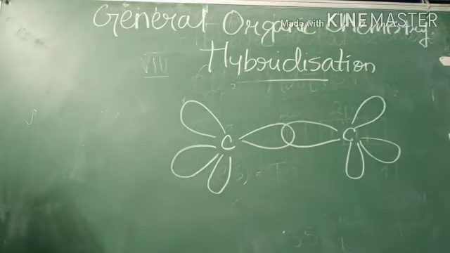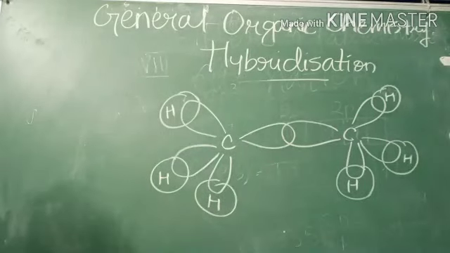In between there is a junction, which means there is an overlap, that is a C single bond C. Similarly, in the remaining 3 orbitals we can have bonding with hydrogens like this. Just see the structure. Here we can observe that in between there is a C single bond C, which is the overlap, and on each carbon there are 3 C-H single bonds. This is the structure of ethane.